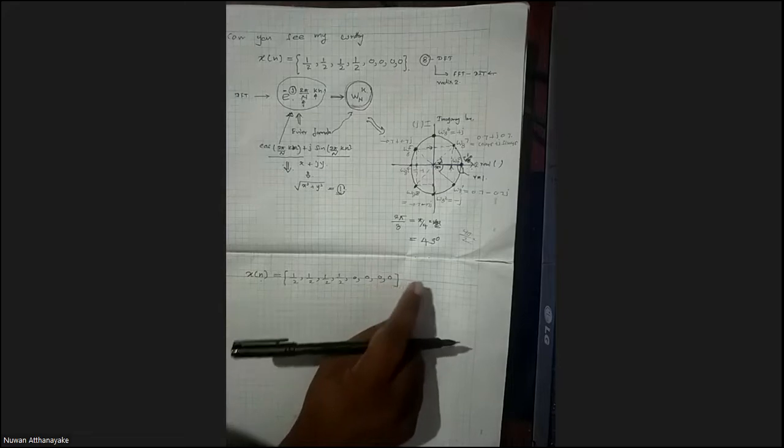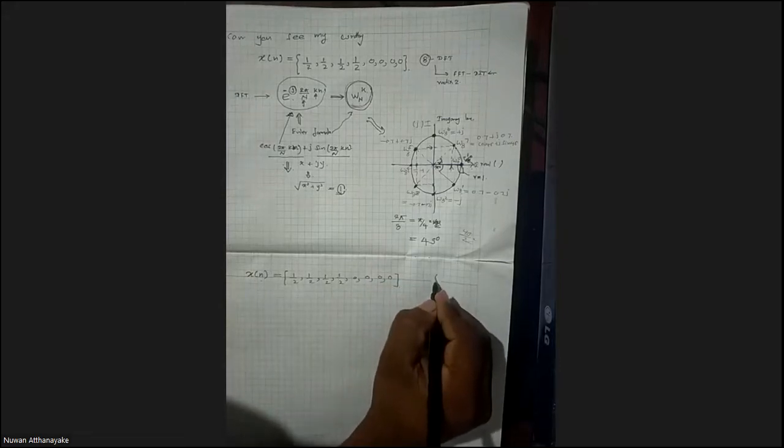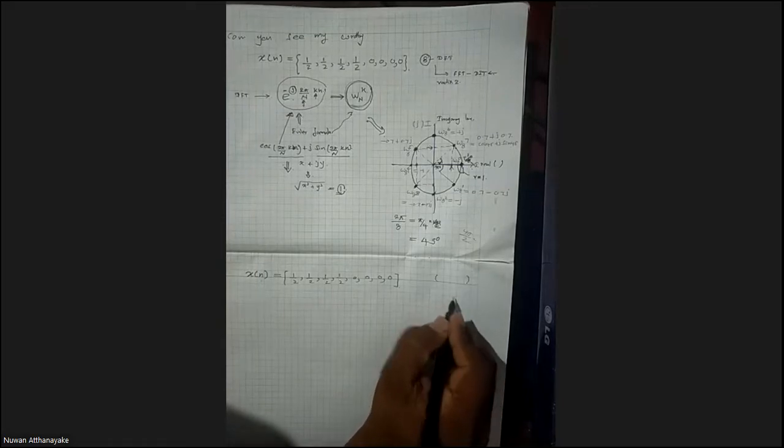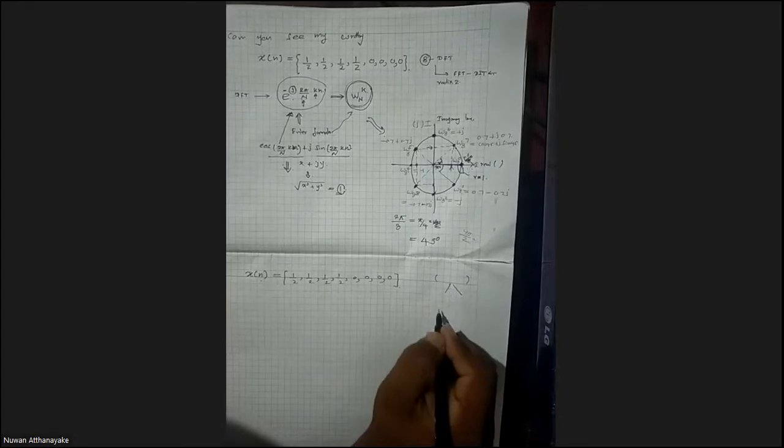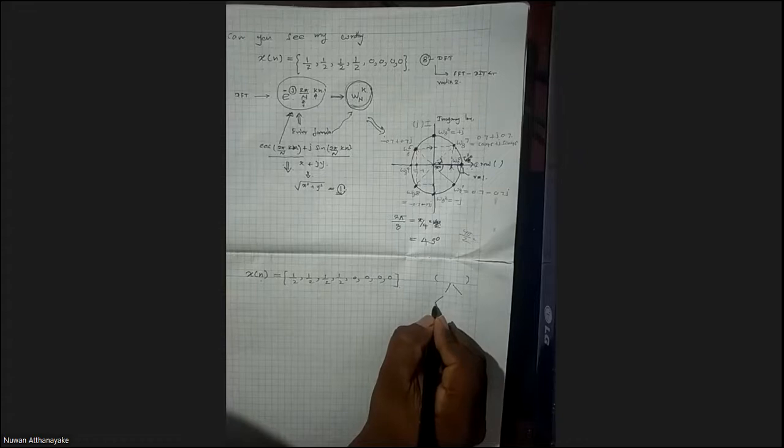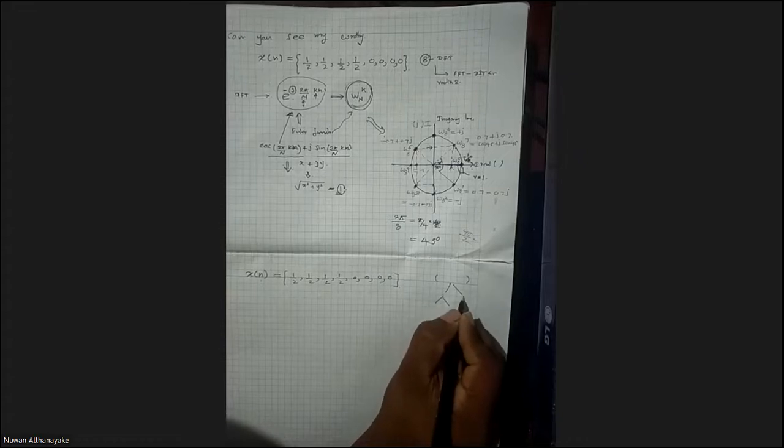If you have gone through the uploaded lectures on the FFT algorithms, normally if we have a big value, first we divide it into 2, and again it is divided into 2, and again into 2.